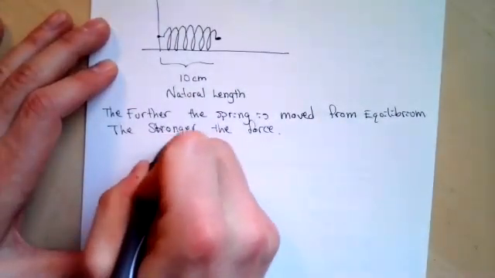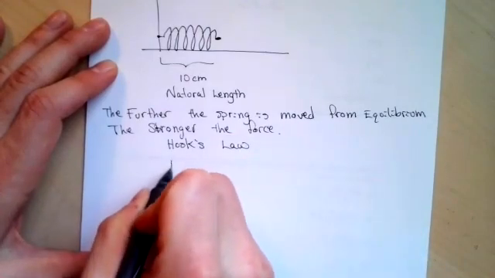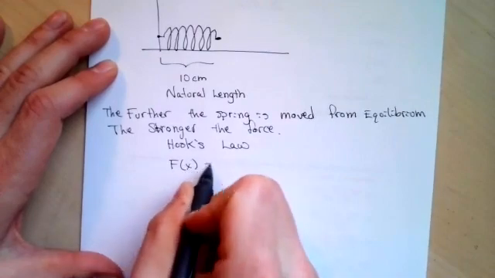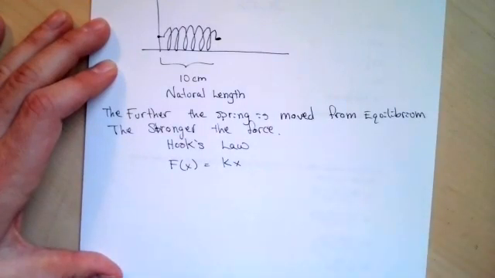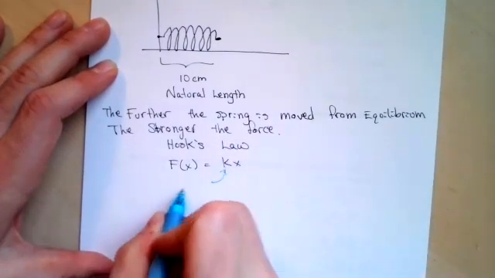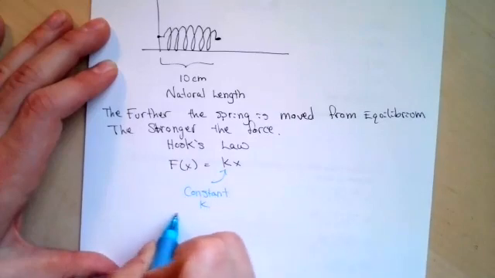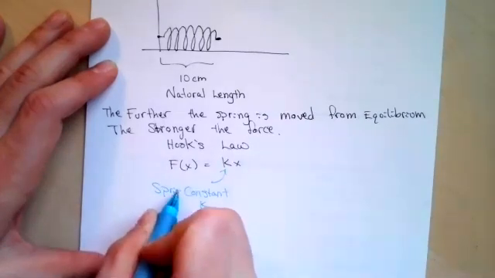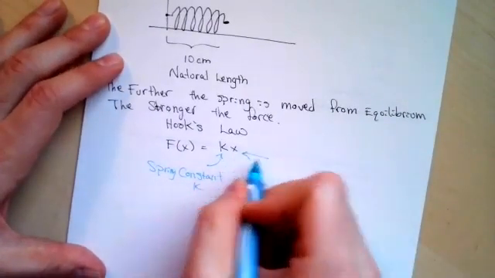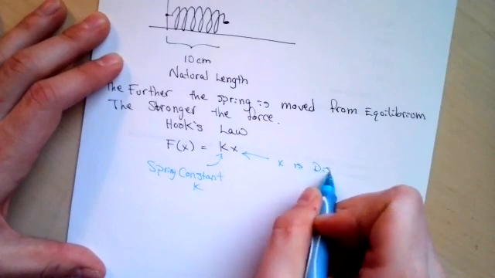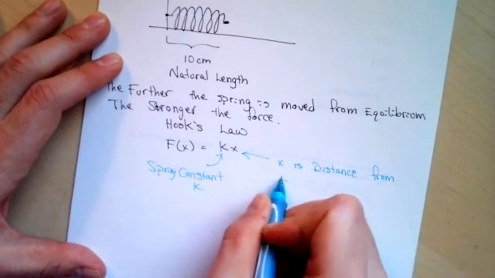Namely, this is Hooke's law. That the force on the spring is equal to Kx, constant K, our spring constant, often what we call that, and then x is the distance from equilibrium.